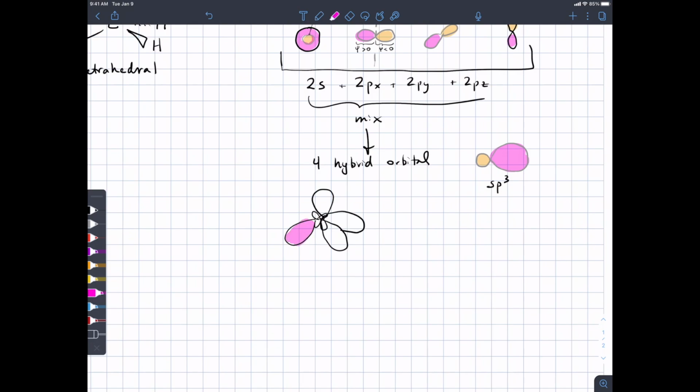We're going to ignore the small lobes for a minute, but the effect of Pauling's hybridization is simply to orient the large lobe of each hybrid orbital along the axis between carbon and each hydrogen. So they now point in the right direction.